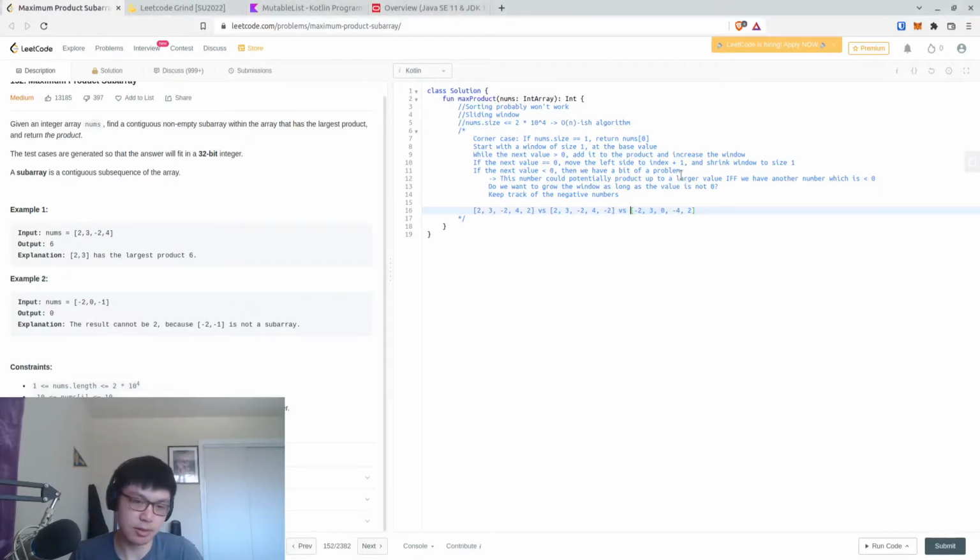So it doesn't matter. So how do we account for the negative numbers? Two times 10 to the 4, so it's an O of n solution.